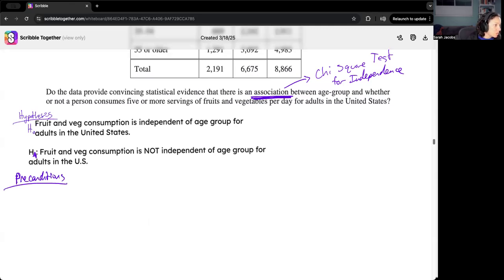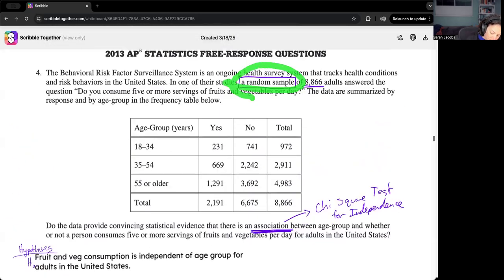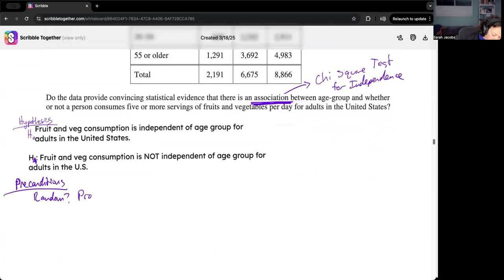So, we're going to check, is it random? A random sample. So, the problem states random sample.